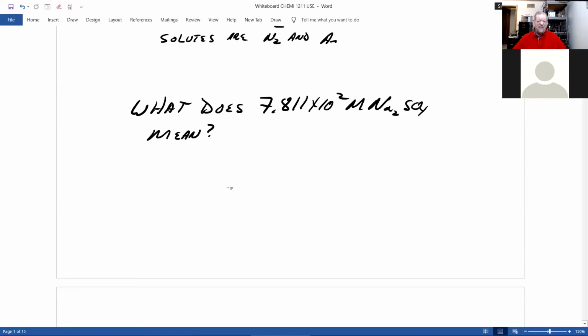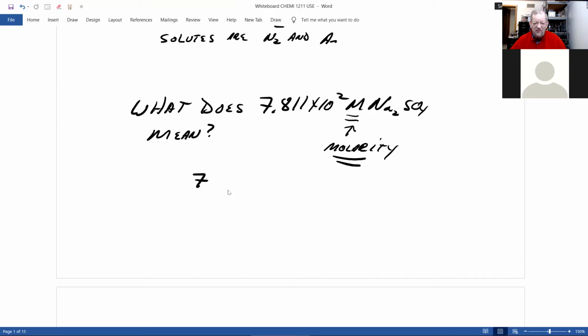All right, let's do this. What is 7.811 times 10 squared capital M Na2SO4, sodium sulfate, mean? And the capital M is molarity. And molarity is moles of solute per 1,000 milliliters.